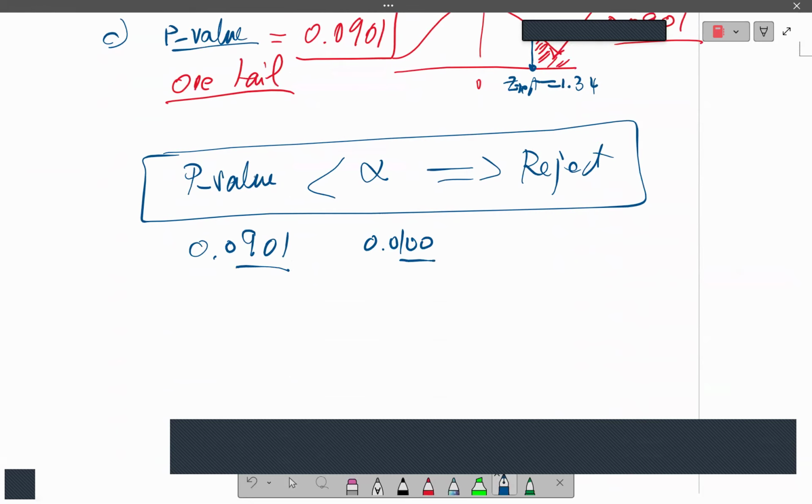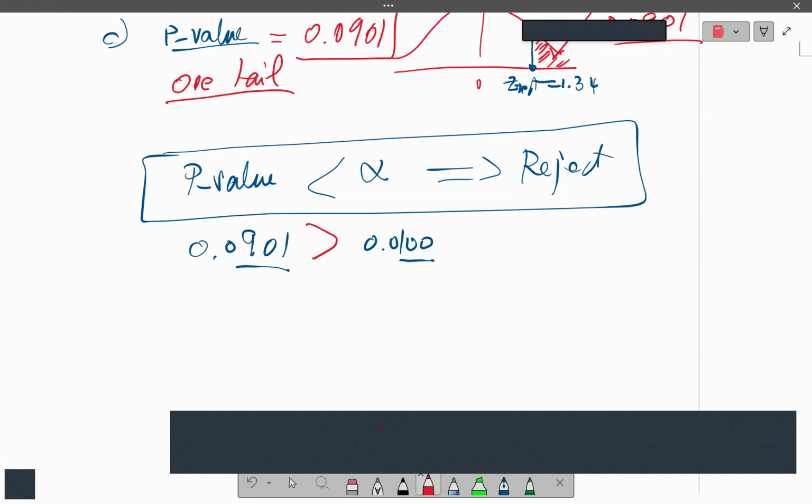And you can see here 100 and 900. Which one is greater? All right, this one is greater. So what's going to be the conclusion? The opposite conclusion: do not reject.